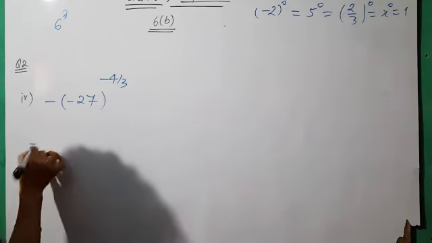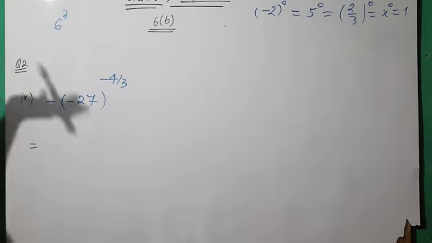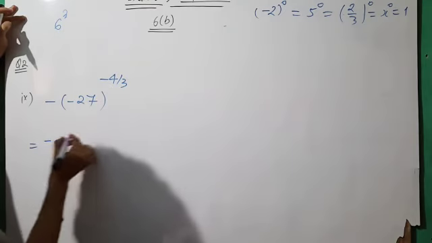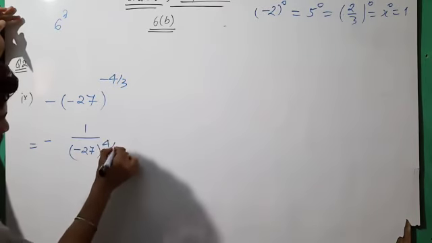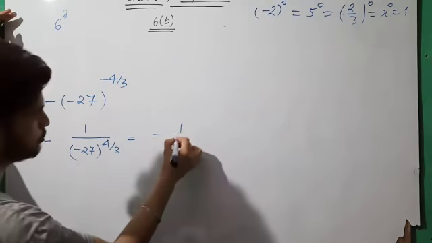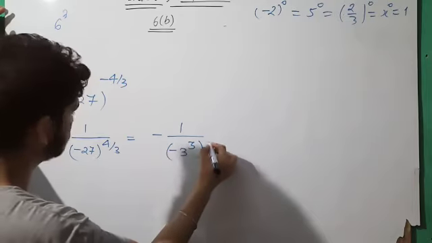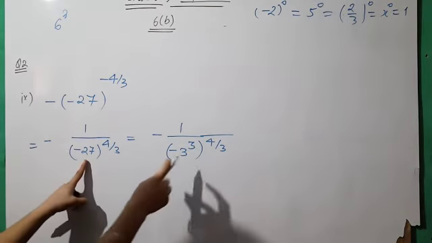First of all, change the negative sign of the power. That will be easier. If you change this, the question becomes very easy. So 1 upon minus 27 to the power 4 by 3. Now we have to write 27 as a power of 3, 3 to the power 3, to the power 4 by 3.